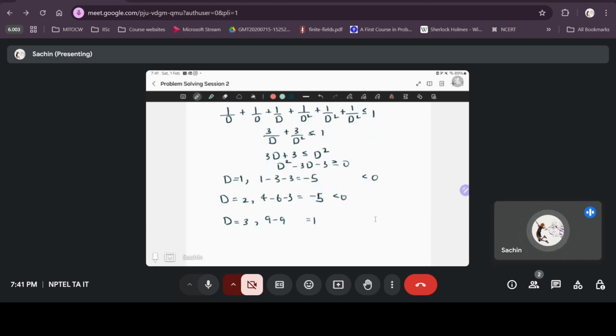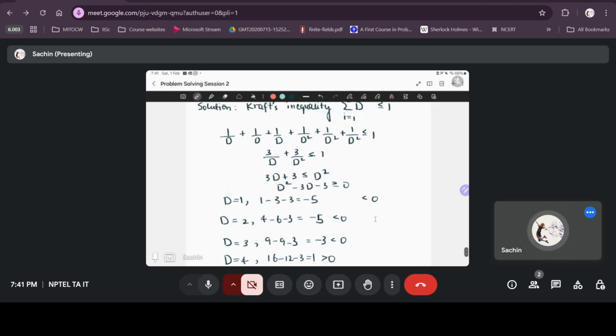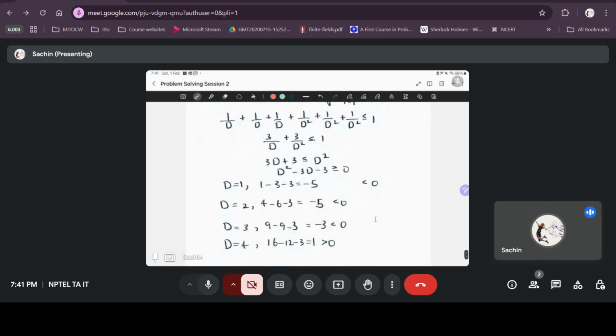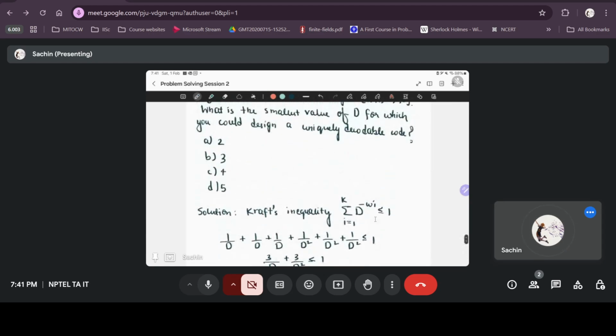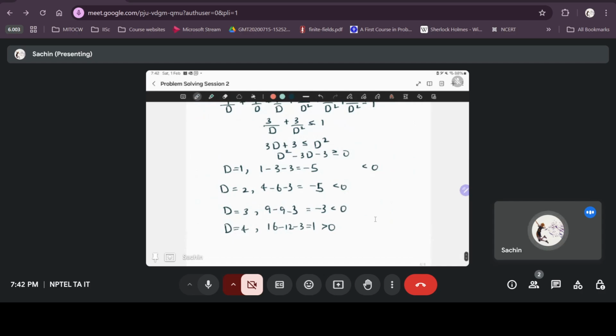D is equal to 3, it's 9 minus 9 minus 3, which is -3, which is also negative. So d is equal to 3 is not enough. D is equal to 4, we have 16 minus 12 minus 3, which is 1, which is positive. So d is equal to 4 is enough to give us a prefix free code. So the answer is option C, d is equal to 4.